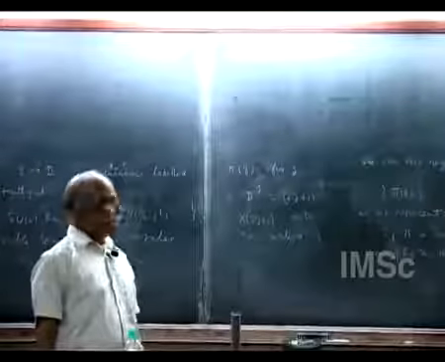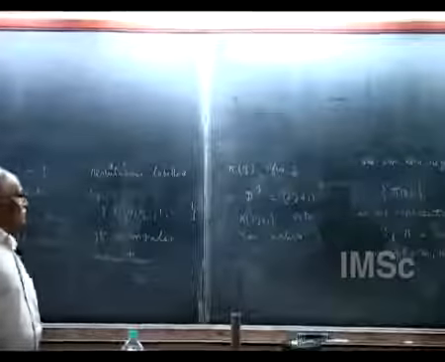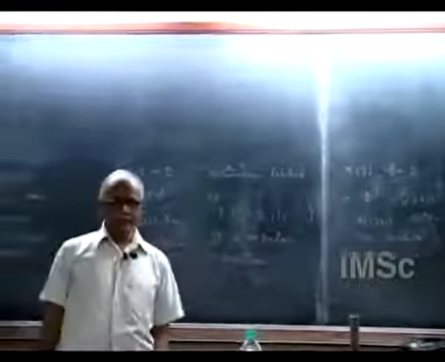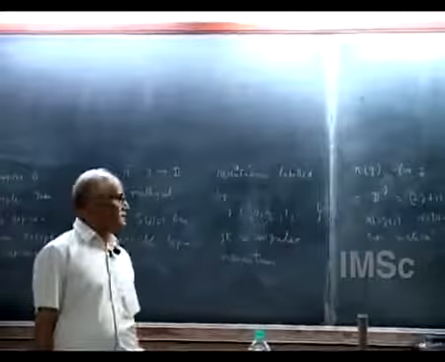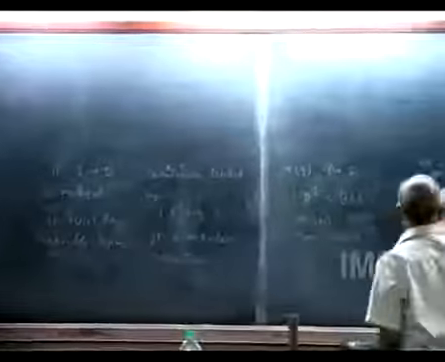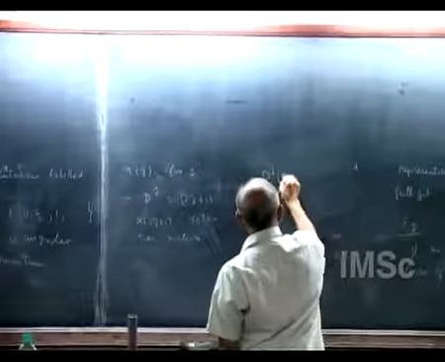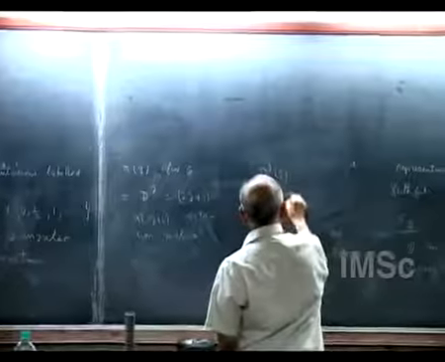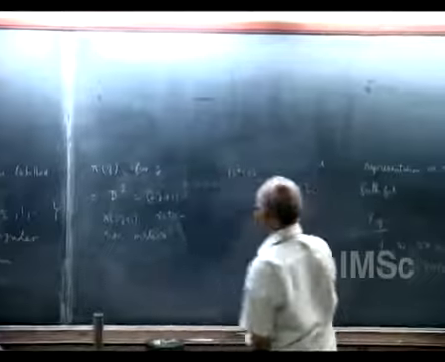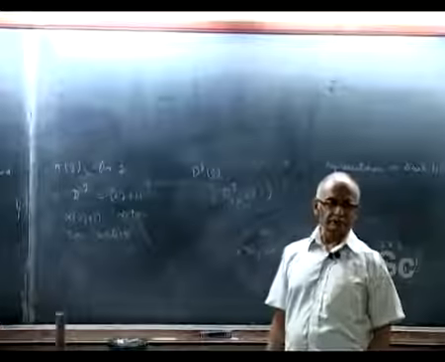You will find any book on angular momentum theory discussing these matrices with loving care, because they are very important if you do any calculation in nuclear physics or atomic physics and so on. These are labeled by two indices. dj is a matrix, and G is an element of SU2, and the indices are what are called magnetic quantum numbers.